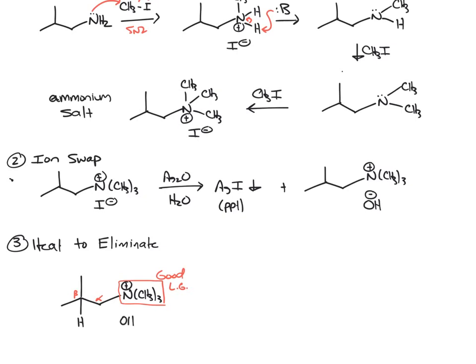We also have the hydroxide paired up with it. Remember from organic 1, heat favors elimination. So by heating this up, the hydroxide will act as a base, grab the beta hydrogen, and eliminate.